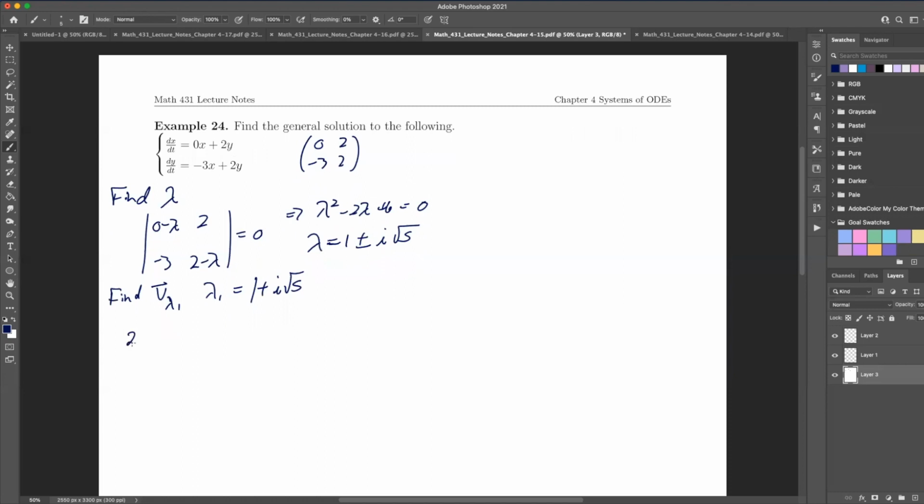So I'm going to get 2y1 is equal to 1 plus i square root 5 x1. And then I'll have minus 3 x1 plus 2 y1 is equal to 1 plus, I forgot my square root, sorry, 1 plus i square root 5 y1. So that's what this equation is, right?